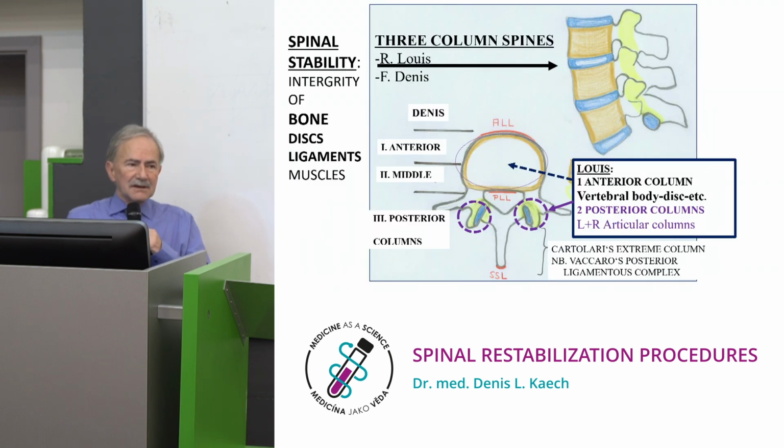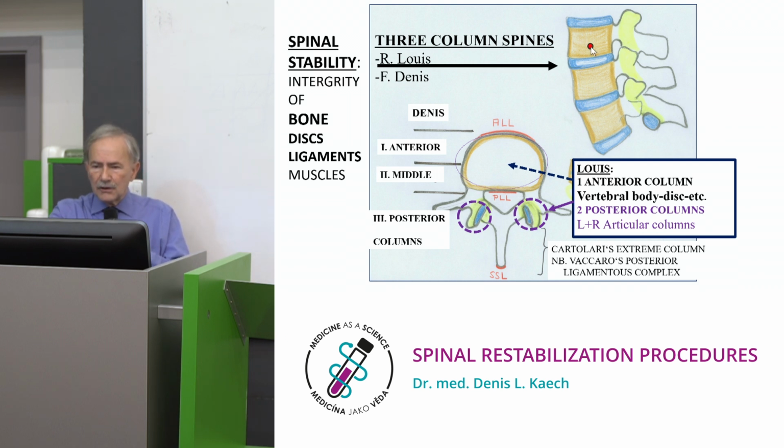Defining stability. You have the definition of René Louis. Very nice to see that you have an anterior column with vertebral body, disc, vertebral body, and so on. And this carries 80% of the loads in the healthy human being.